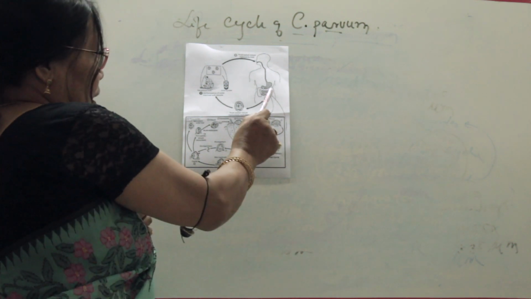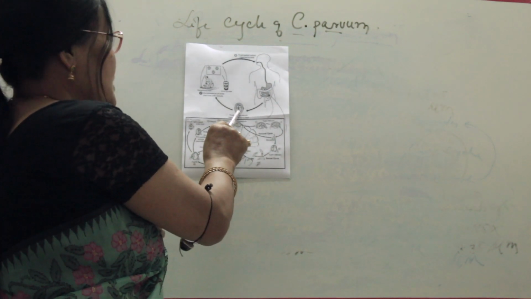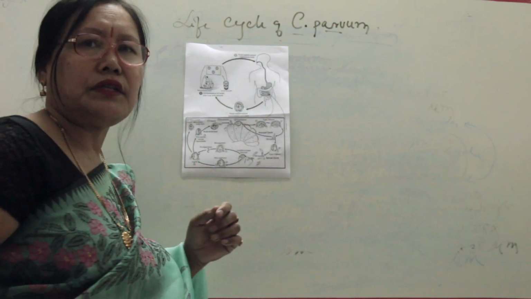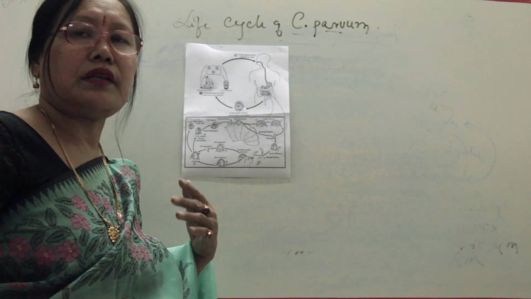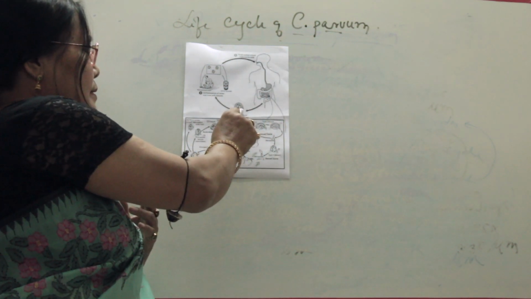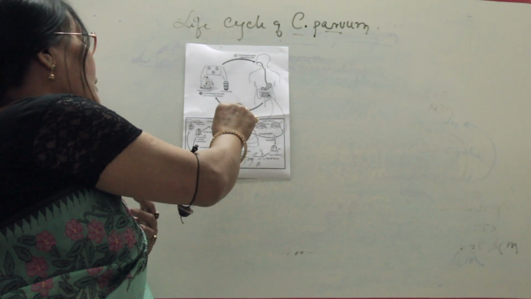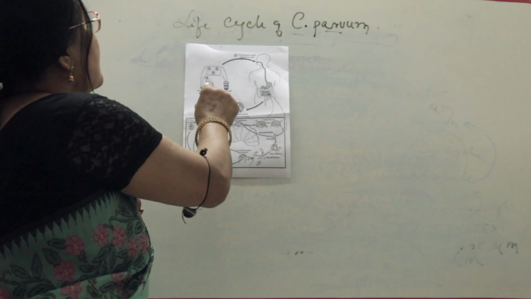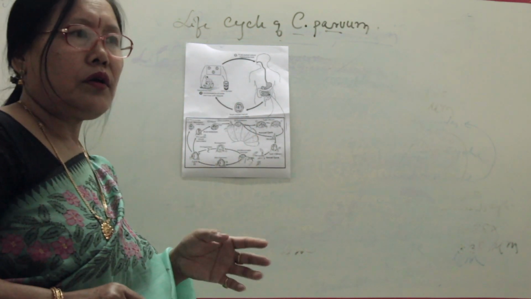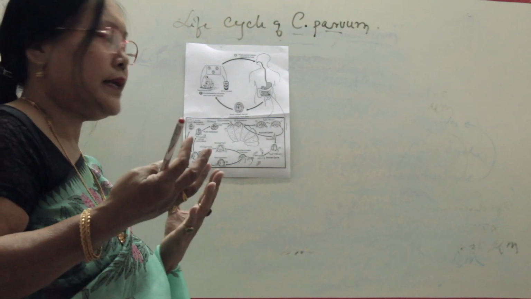So the thick wall oocysts are usually released along with the feces of the definitive host, that is, the infected person. Along with the feces, they are present in the soil, and they can contaminate recreational water, for example a swimming pool, or contaminated food, or contaminated hands.